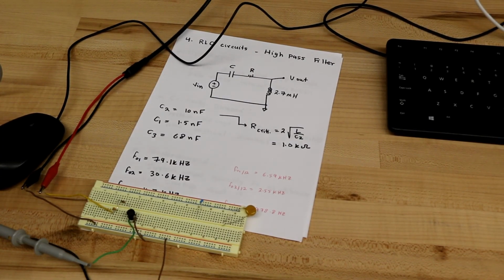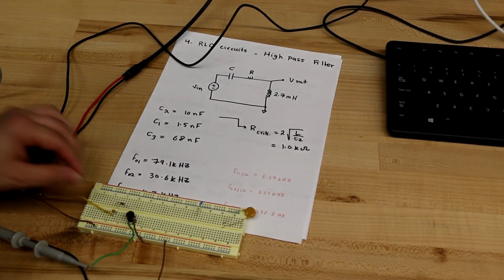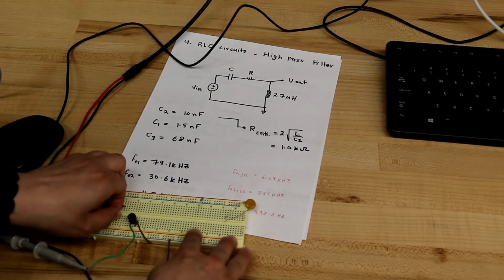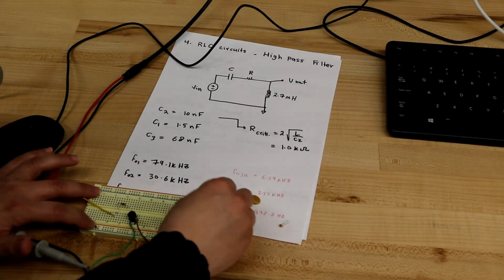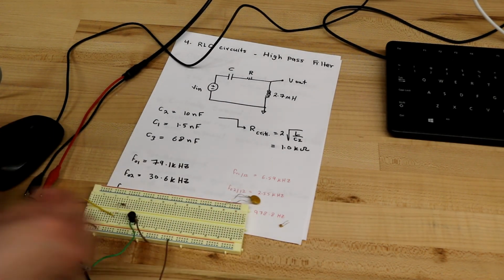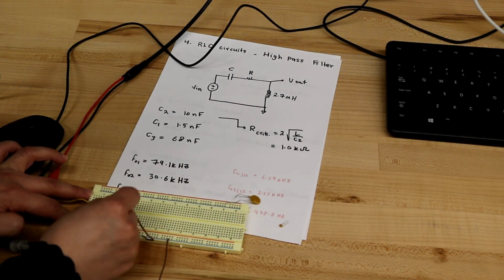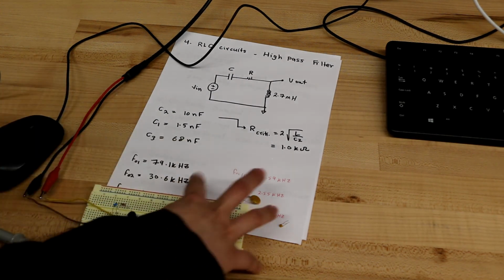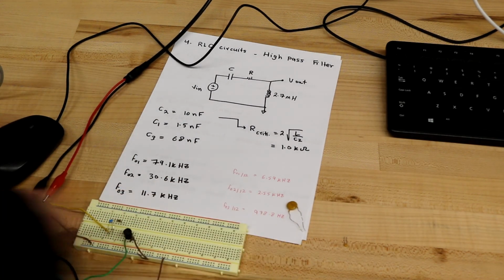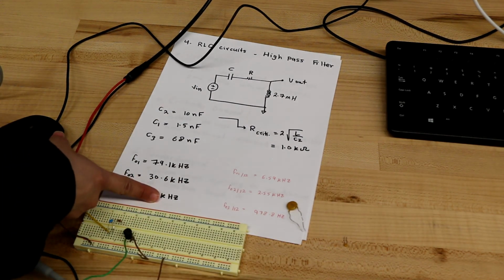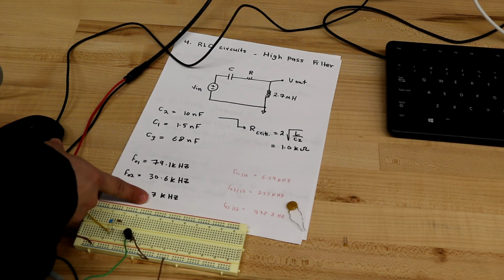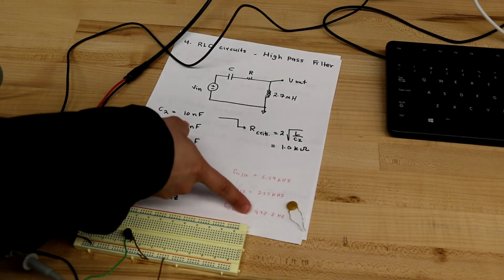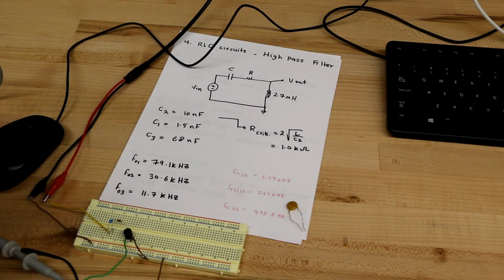Now for the third circuit, the overdamped circuit, I'll replace the 10 nanofarad with the 68 nanofarad. And the resonant frequency is 11.7 kilohertz. And 11.7 divided by 12 gives me 978.8 hertz.